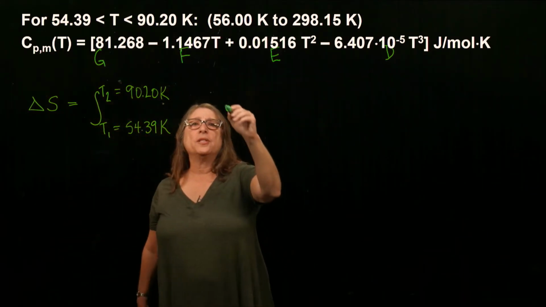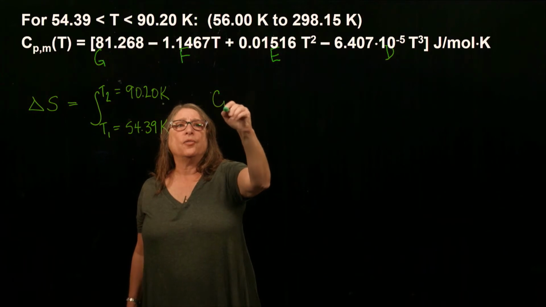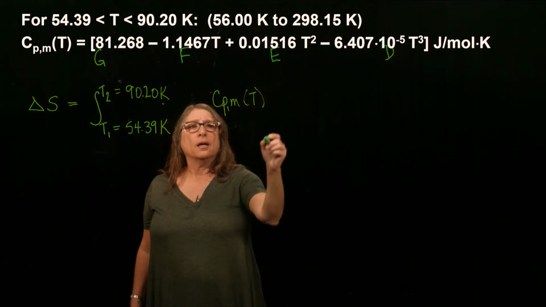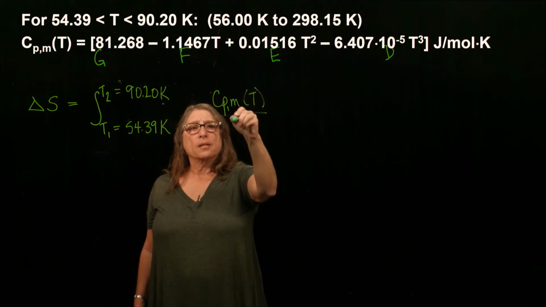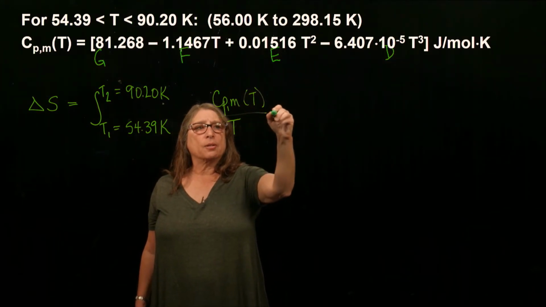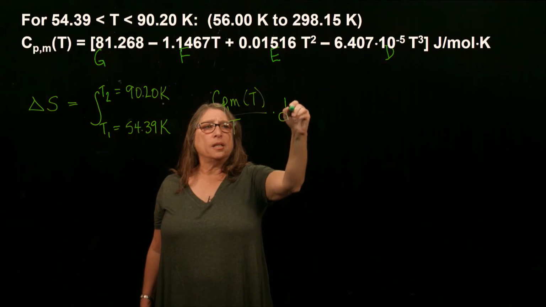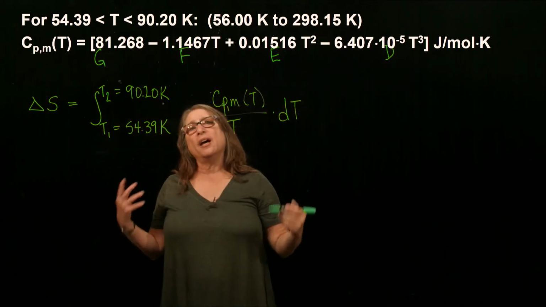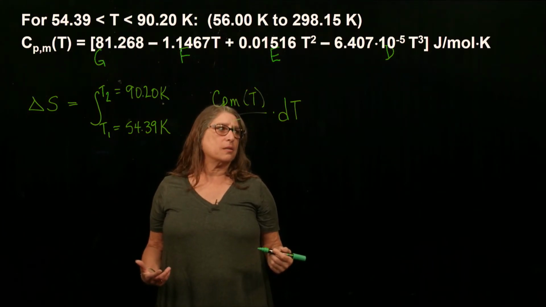And now I have to integrate this function of the molar heat capacity as a function of temperature divided by temperature times dT. And so when I substitute in this expression, I have to figure out how to do this.